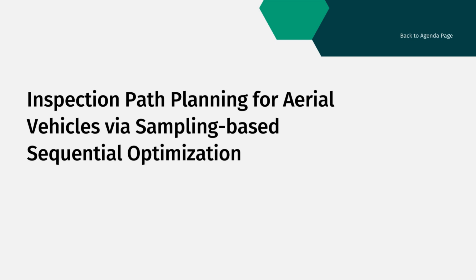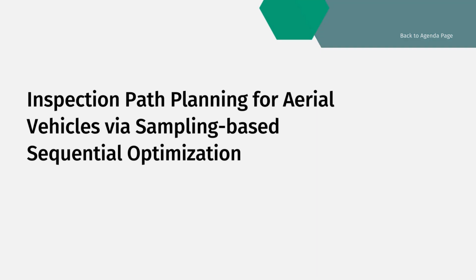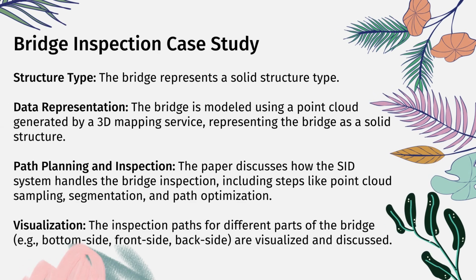That one is also for aerial vehicles. This is why I looked up this one: our goal is to inspect all kinds of vehicles, and this one also talks about aerial vehicles, which is also in our area.